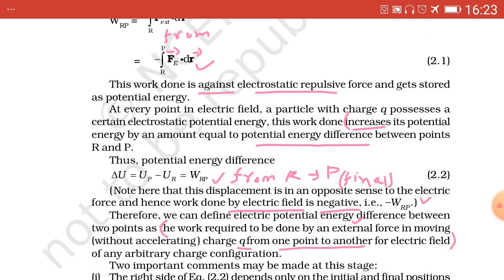So it is U_P minus U_R, final minus initial. Hence, work done by the electric field is negative, that is minus W_RP, which has been tick marked in the description.